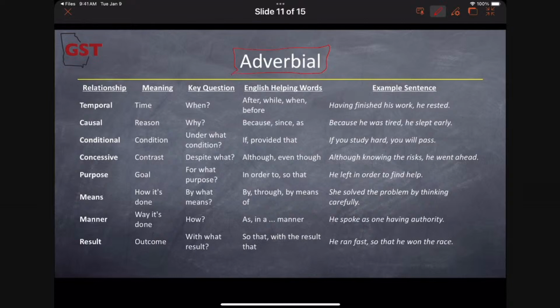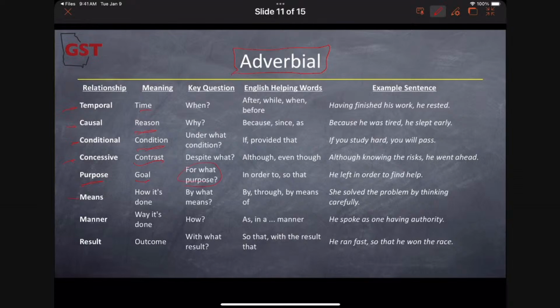It can relate temporally, that's time-based. It can relate causally, that's reason-based. It can relate conditionally, that's a condition: if this, then that. It can relate concessively, meaning it contrasts: although, or even though. If it's more purposeful, it can relate to purpose, to finding a goal. For what purpose did that occur?